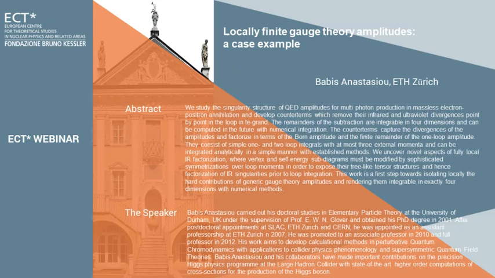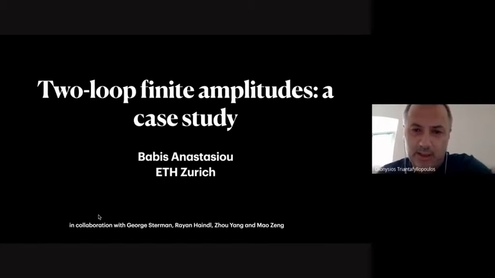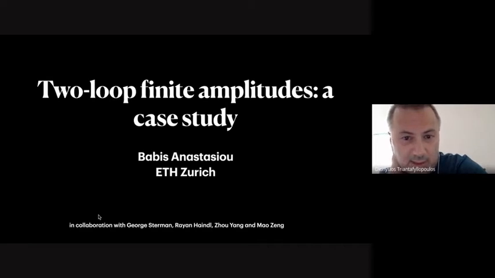Babis did his PhD in theoretical particle physics at the University of Durham in the United Kingdom, and took his PhD in 2001. Then he held postdoctoral fellowships at very prestigious places like SLAC, ETH Zurich, and CERN. Since 2007, he was appointed assistant professor at ETH Zurich, promoted to associate professor and then to full professor since 2012.